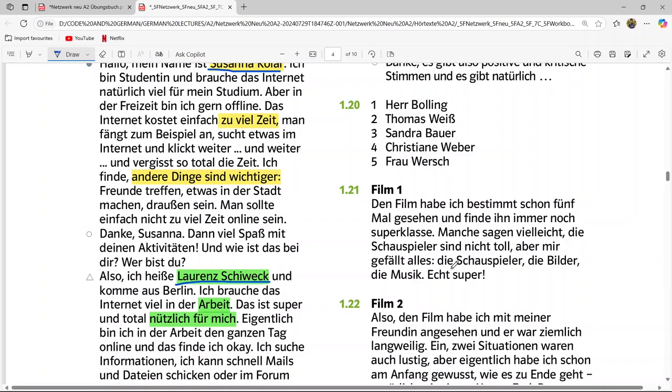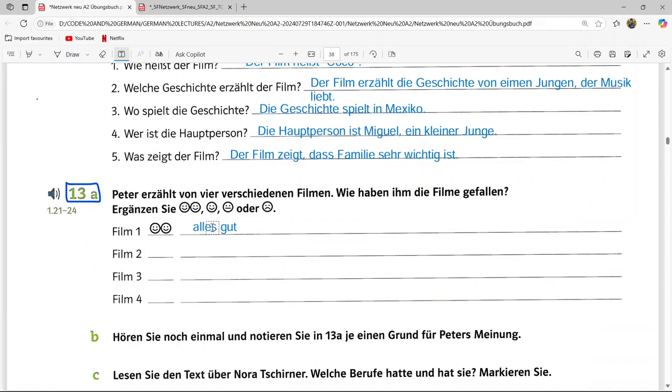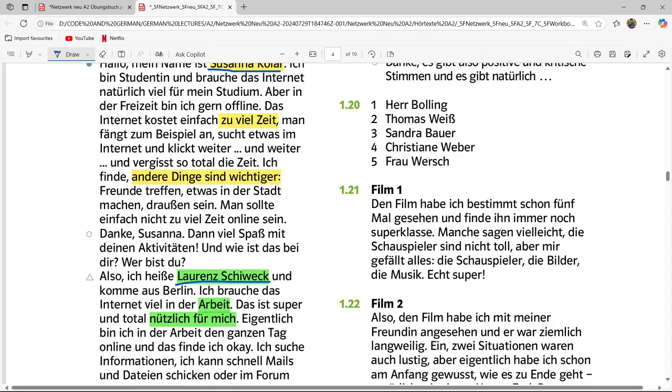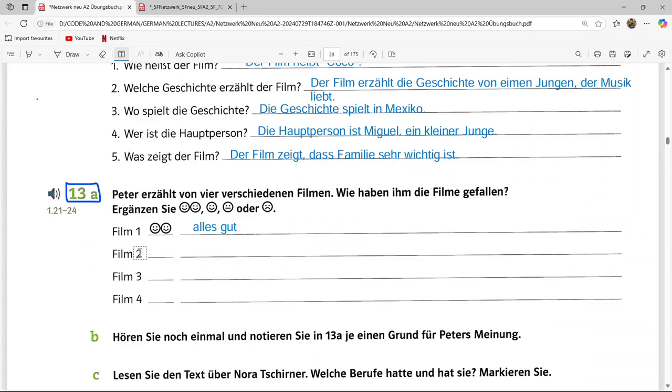But for me, I like all the actors, the scenes, the music, all are super. So all is good. So we also wrote the reason: all is good. So let us play again, or I think we don't need to play again. Okay, so I will play the audio of the next film.